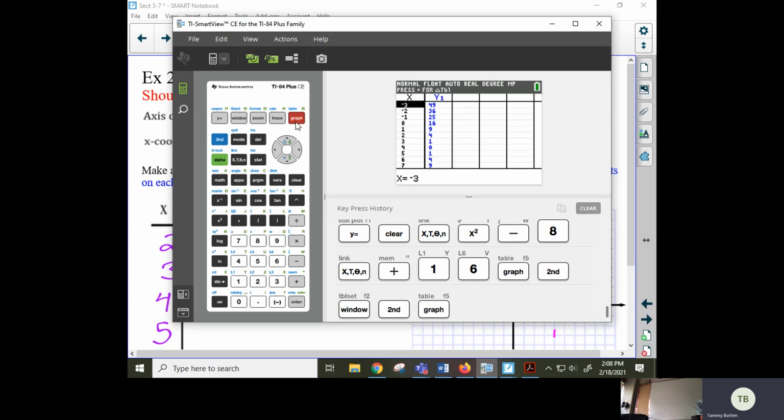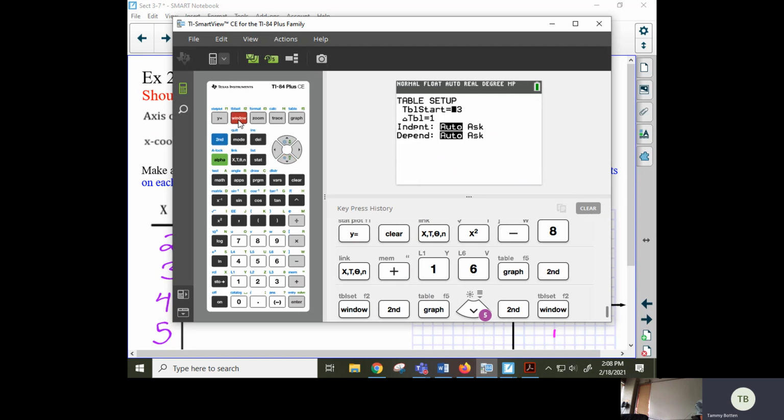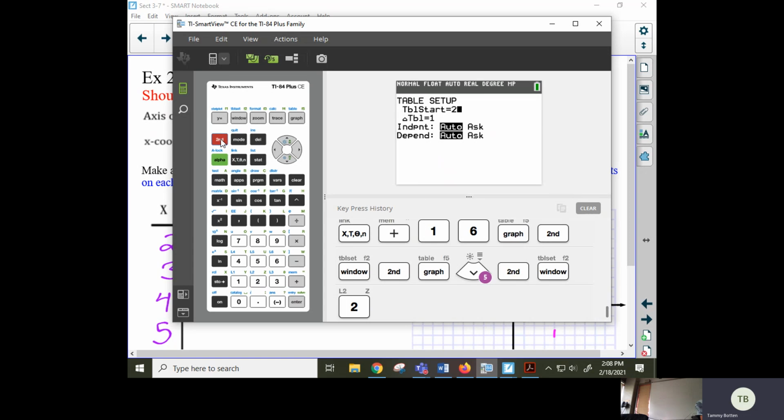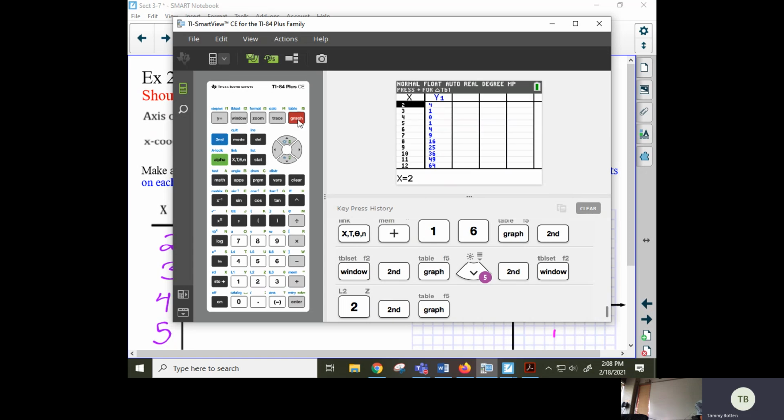Go second graph, and you can just look at your table and go down to 2, and it's going to be these 5 points. If you would rather do that table set and have it start with 2, you can do that. You can go second window, put a 2 here, and then go second graph, and then your points are right up at the top. Okay?